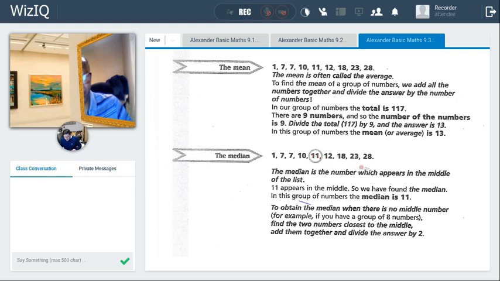In the example with those numbers, if we take away 11 and pretend we have an even number of numbers, we would take 10 and 12, add them together, and divide by 2. That will be your median. So it's still 11.